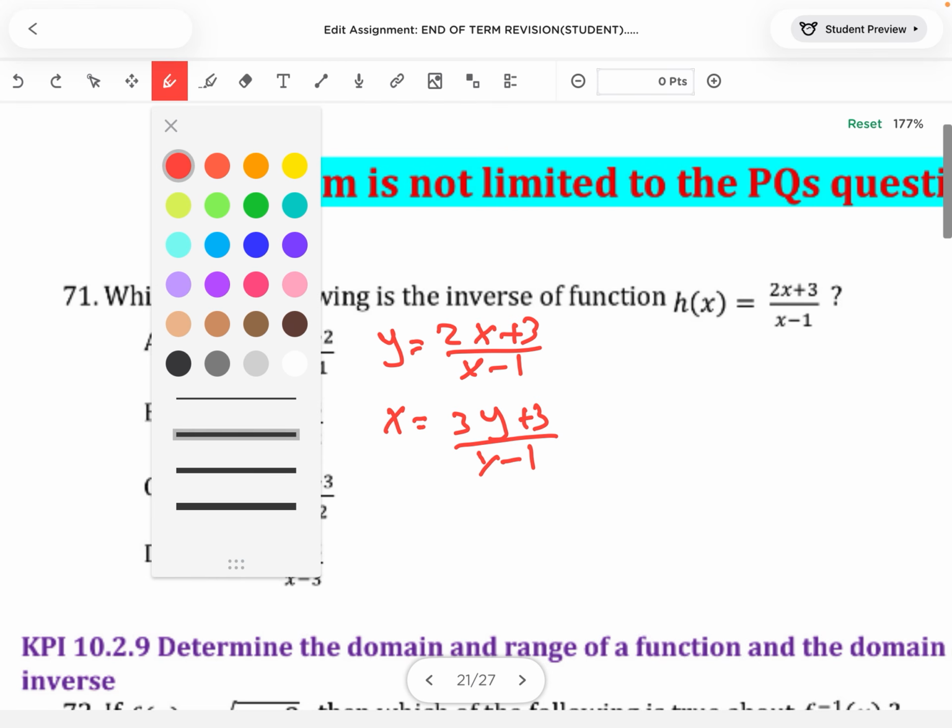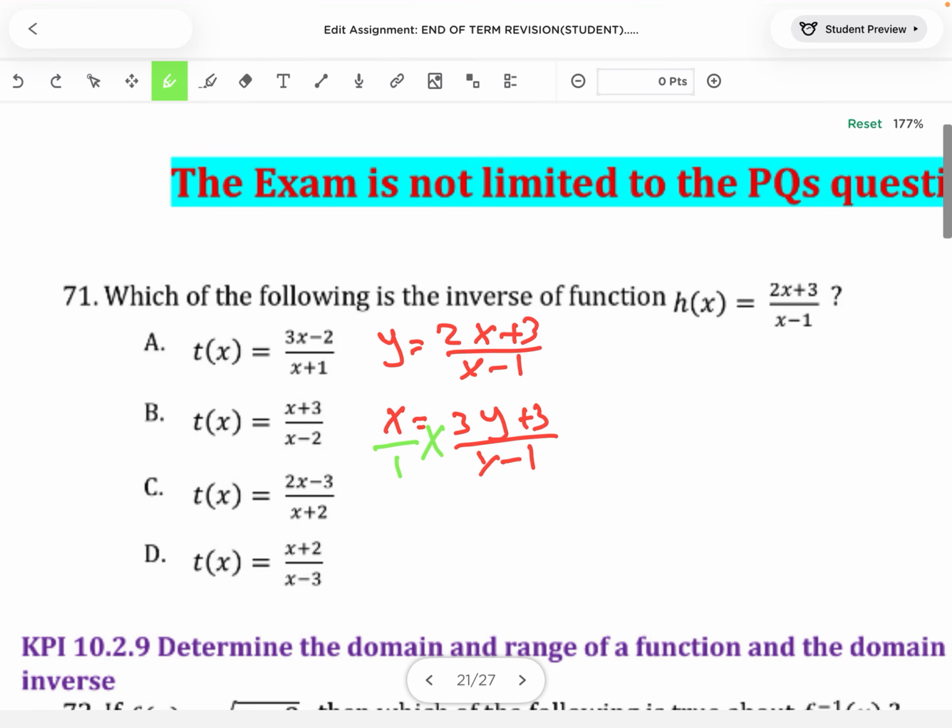Put it over 1 and cross multiply. So xy minus x equals 2y plus 3. Now I need the y's to be together, and the x's to be together.